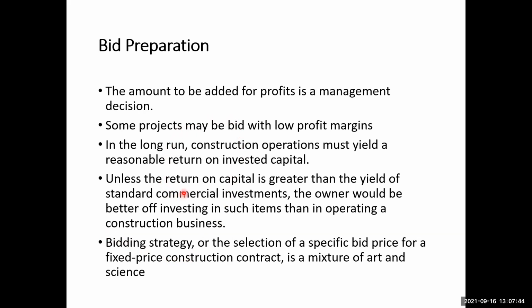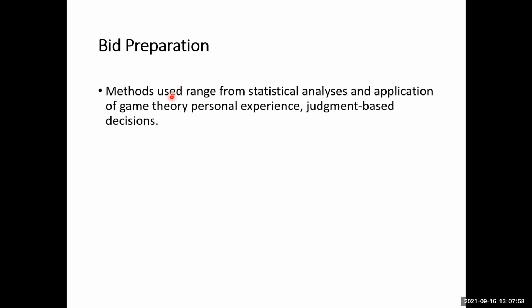However, on top of that, there may be a bidding strategy. There are various methods used, which range from statistical analysis and application of game theory to personal experience and judgment-based decisions, which are of course beyond the scope of this topic to discuss here.